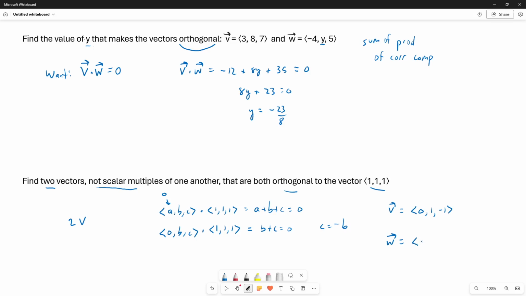So that would give us 1, 0, negative 1. And then yet another one, if we pick the C to be 0, then we could try 1, negative 1, 0. So there's 3 vectors, none of which are multiples of each other, that are perpendicular to 1, 1, 1.